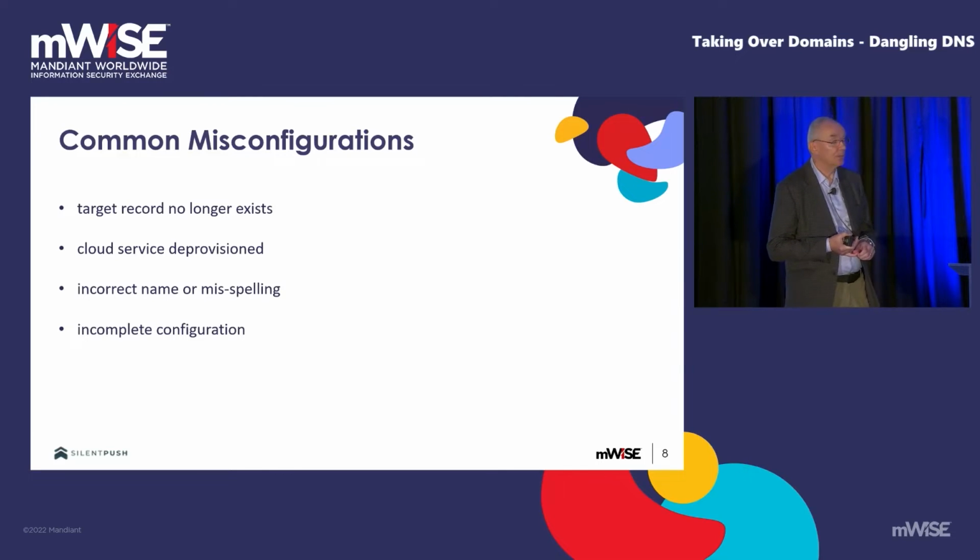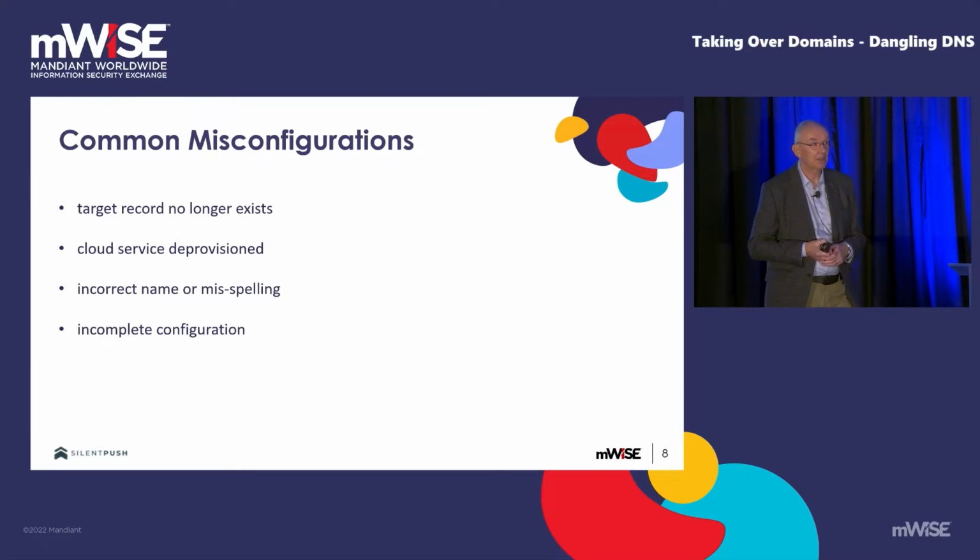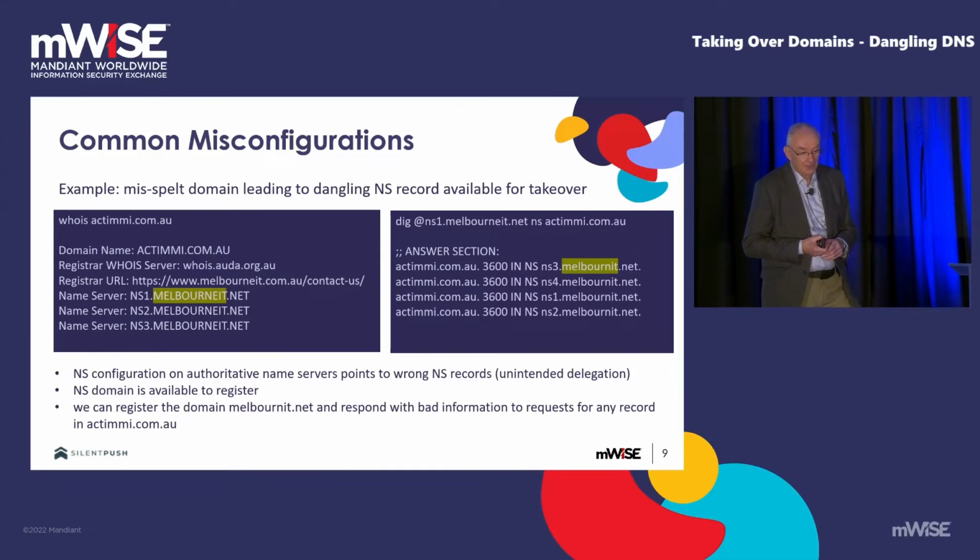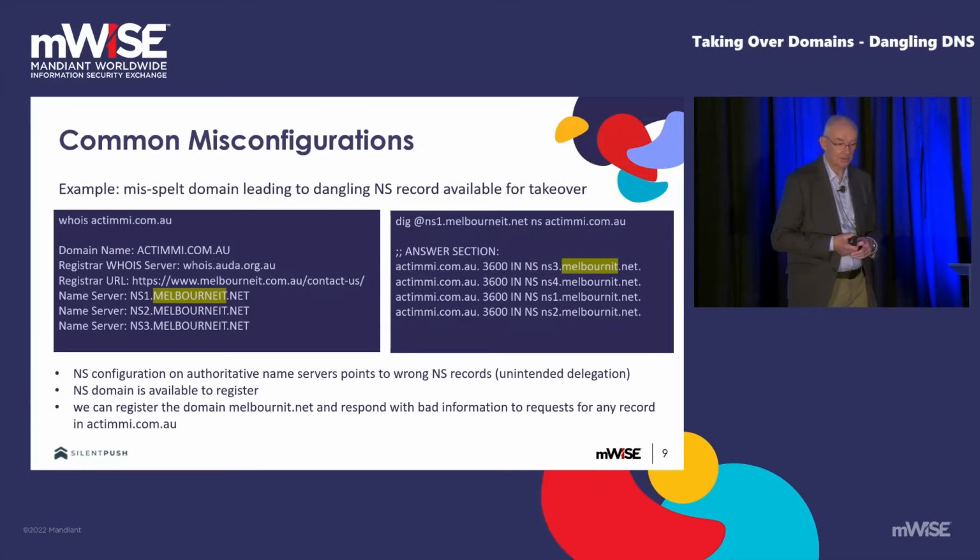Abandoned configurations could be part of you manually setting up a domain and then not completing the full process, but it's also common in scripted infrastructure that the script fails to complete and there's no proper cleanup afterwards. So there's a multitude of different things that can go wrong, and it'll end up with dangling records as a result. So one of the simpler cases is that people can't spell.